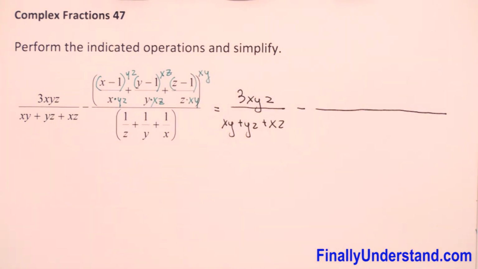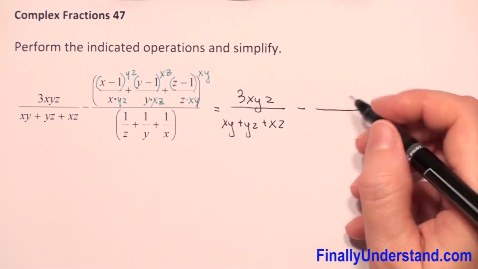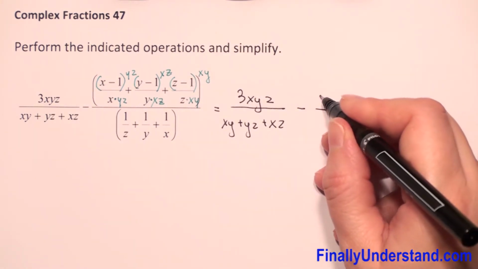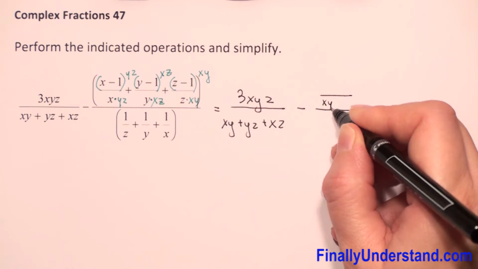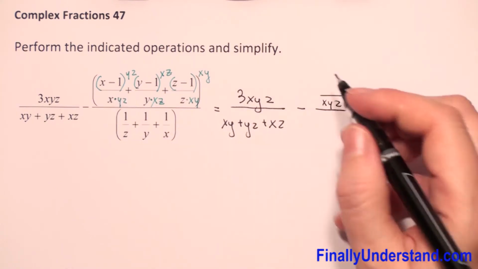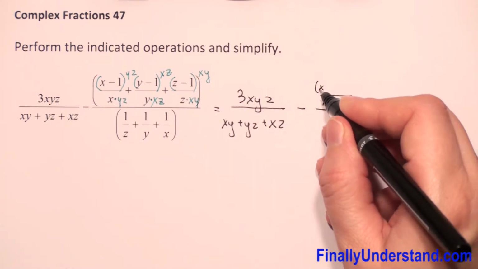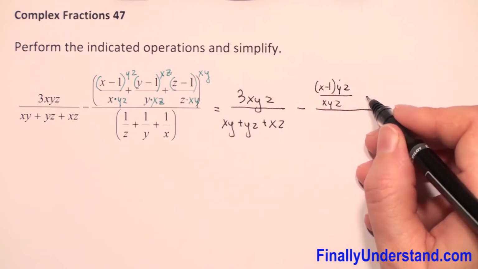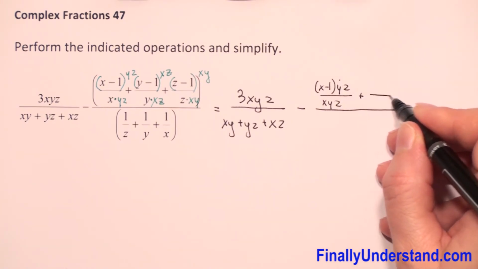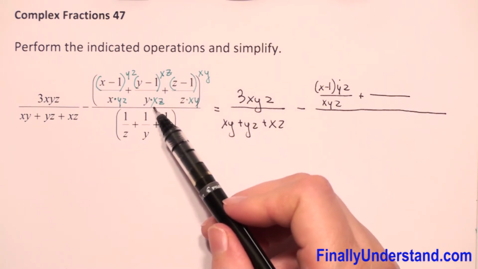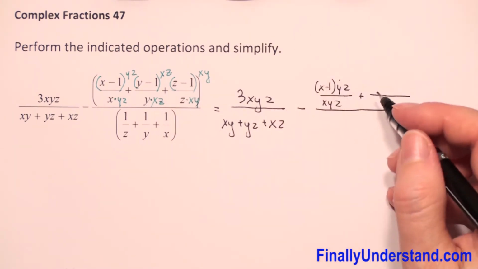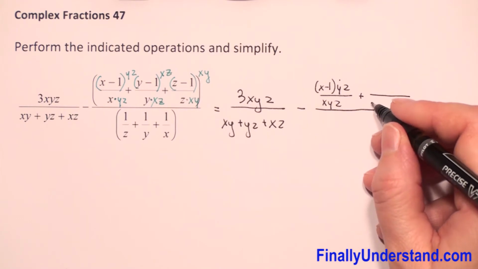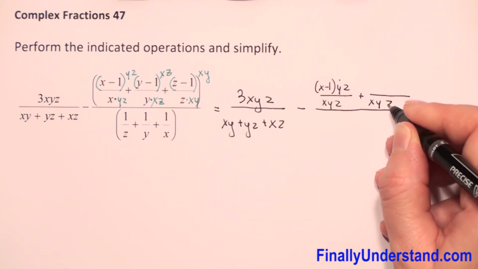And now let me copy this. We have in the denominator xyz. So in the numerator, this is x minus 1 times yz. And we have plus, first I will put x, next y, and z in alphabetic order with variables, so it will be xyz.